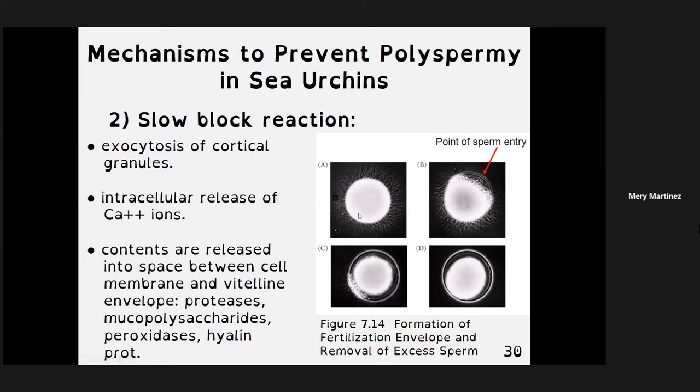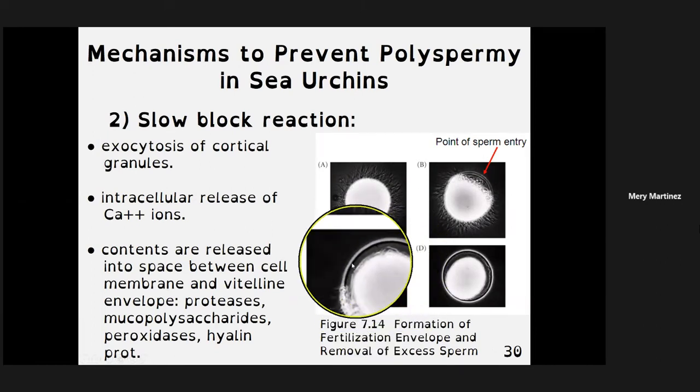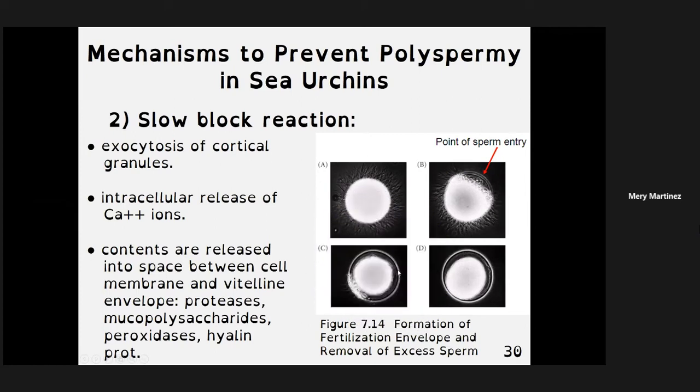There are also some hyalin proteins in those cortical granules, and this will form a coating around the egg. So this is what we see in here. You see? Now we have a little bit of a coating that goes around that egg.